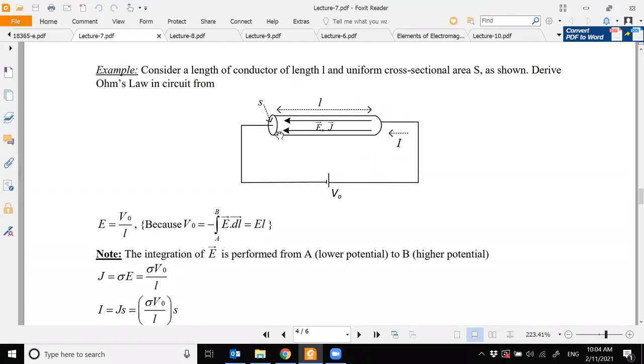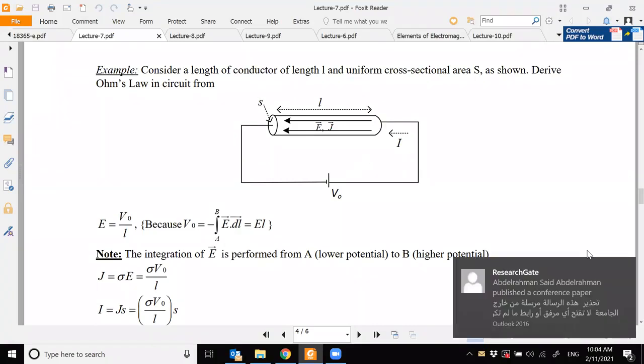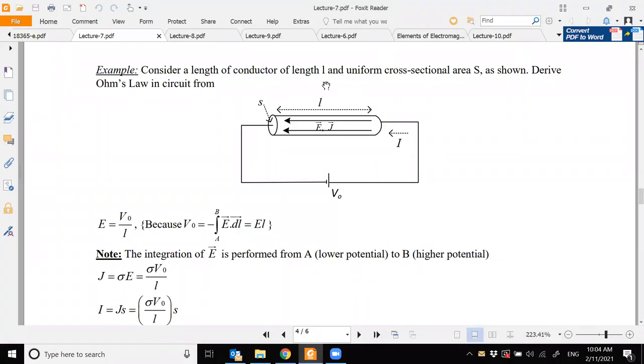And because of this change in the charges at the two ends, you will have the electric field inside the conductor also. Again, the equilibrium is lost. So you have the electric field, and because of this electric field, you will have movement of charges, and that is your conduction current.